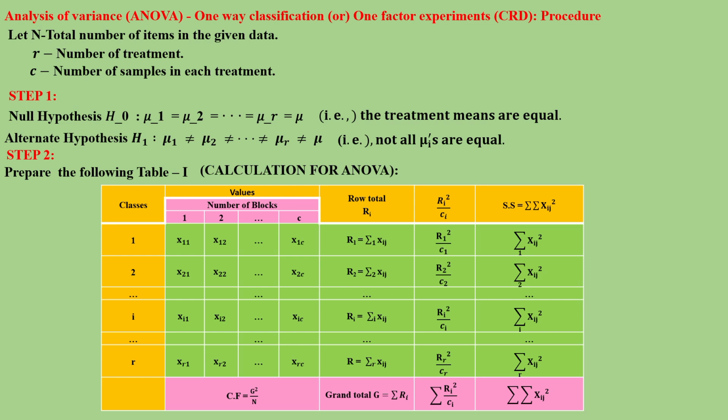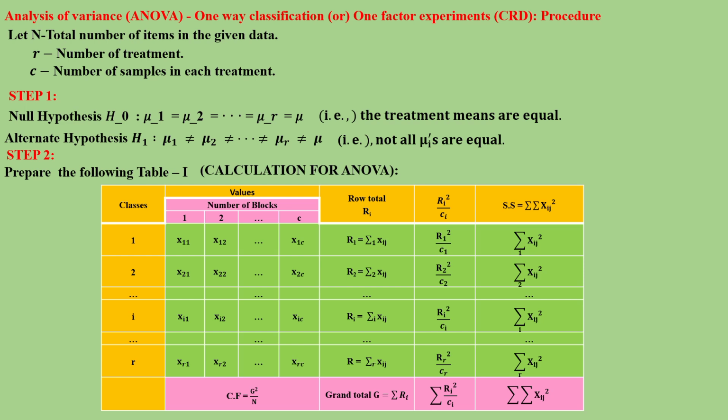Then Ri square divided by Ci. So you know Ri, square Ri, then divide by the number of columns, C1, C2, C3, and so on. The sum of this gives you summation Ri square by Ci.